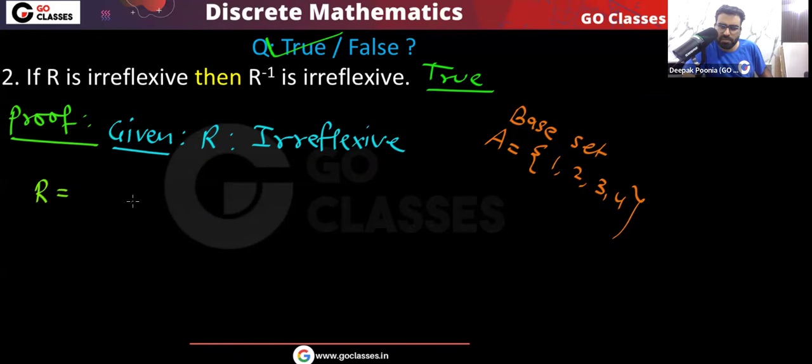If there is no reflexive pair in relation R, then if I swap the elements in the ordered pairs, R inverse also will not have any reflexive pair. Do you agree? Or you can use the matrix representation. Let's use matrix representation to prove it.